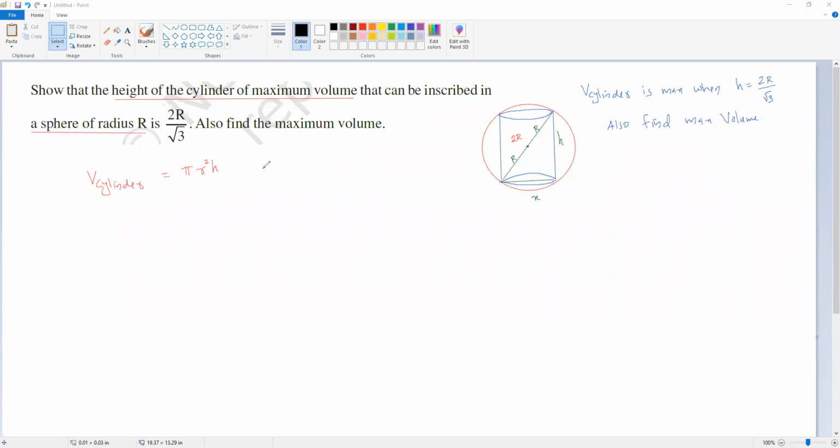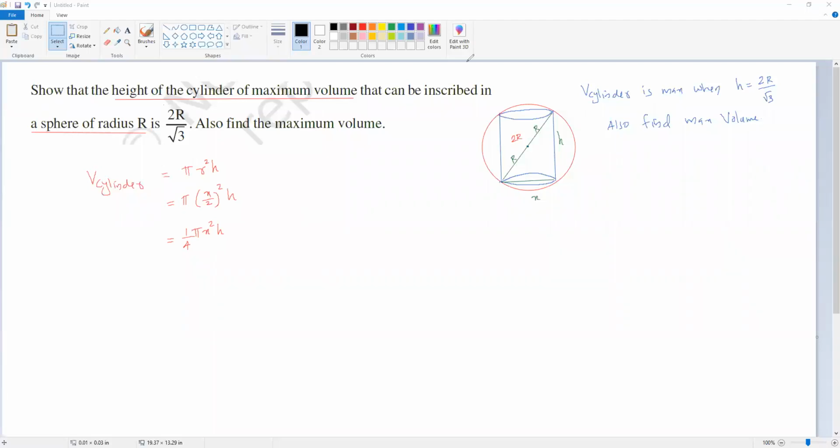So here r is equal to x by 2, so which is pi into (x by 2) whole square into height, which is 1 by 4 pi x square into height. So you can see that there are two variables, x and h.